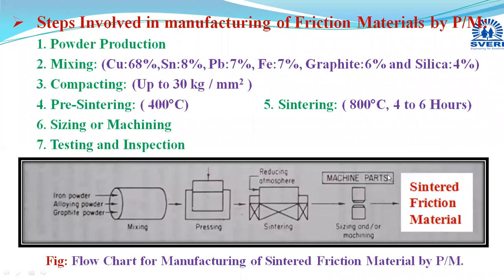Whichever sintered friction material is manufactured here, it will provide sufficient coefficient of friction, and the loss in that coefficient of friction will be very minimal even in increasing temperature conditions. It will provide distorting ability. Then this sintered material will have sufficient load carrying capacity and strength, with very good corrosion resistance also.